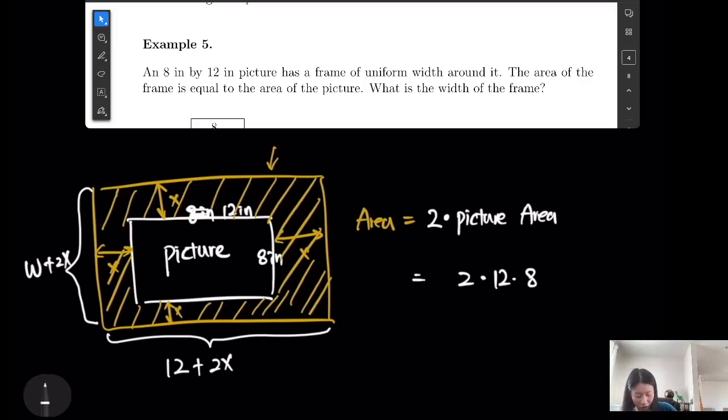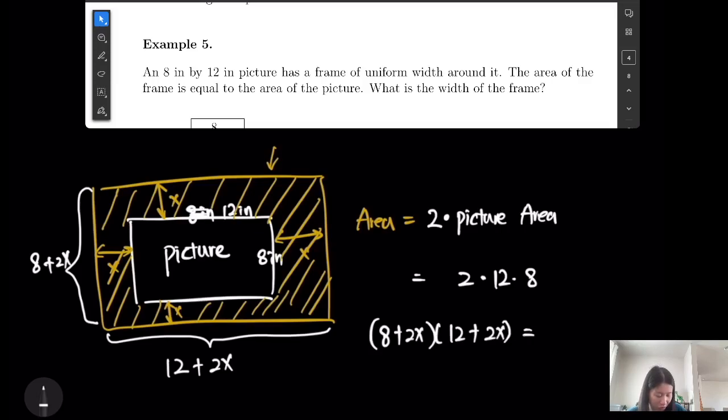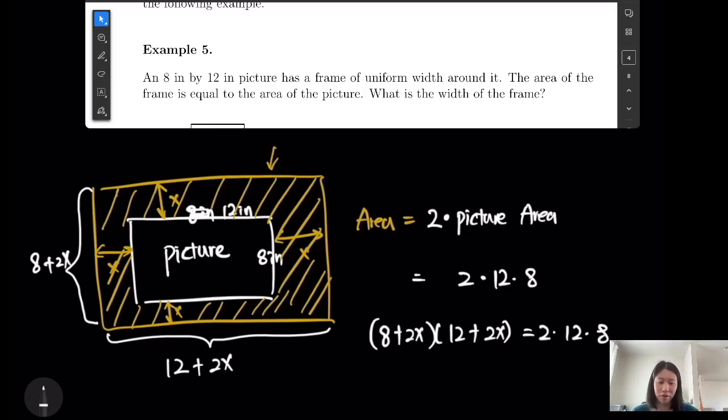So that means you need to add 2x to 8. Okay, so the area of the yellow rectangle is 8 plus 2x times 12 plus 2x equals 2 times 12 times 8. And then you will try to simplify the equation and solve it.